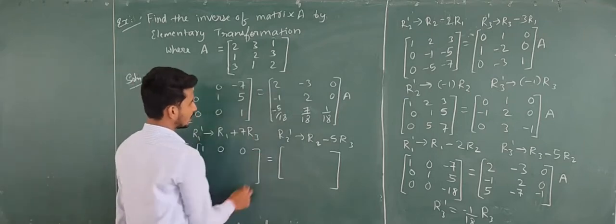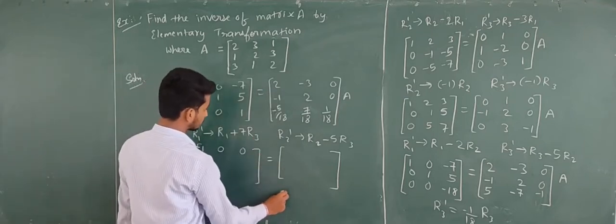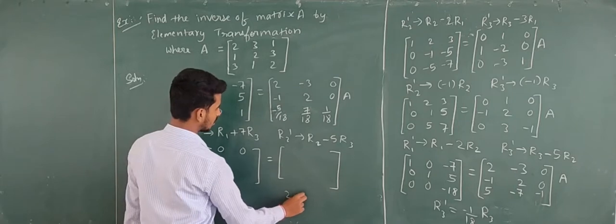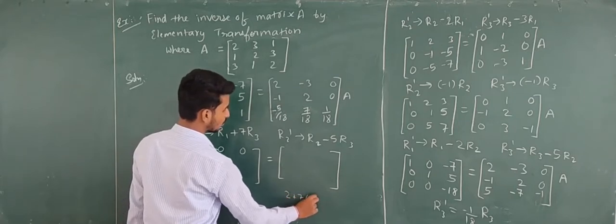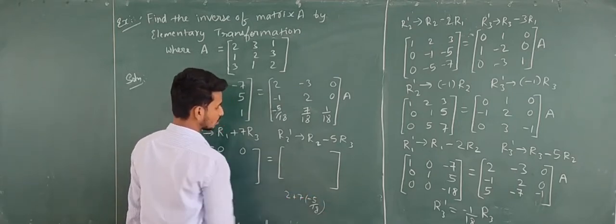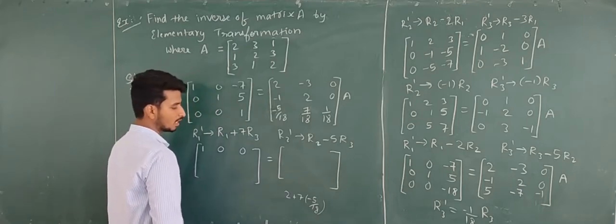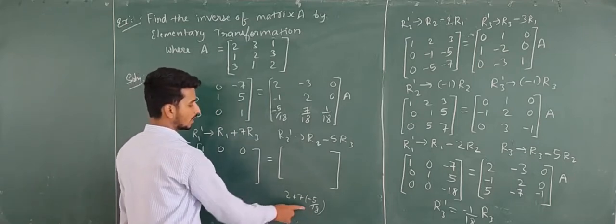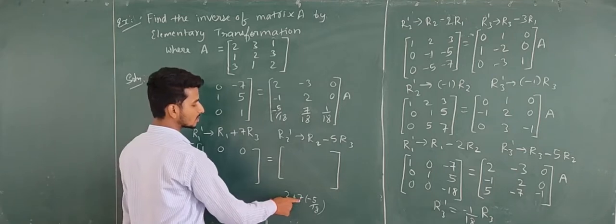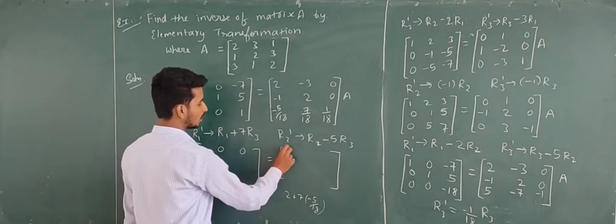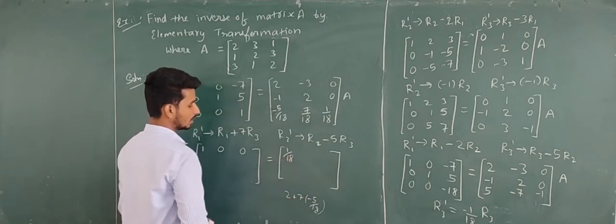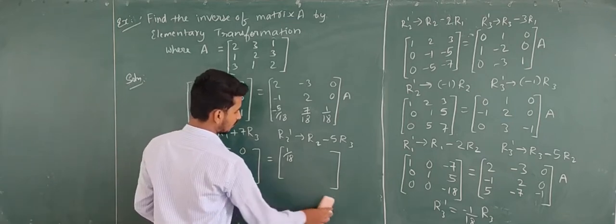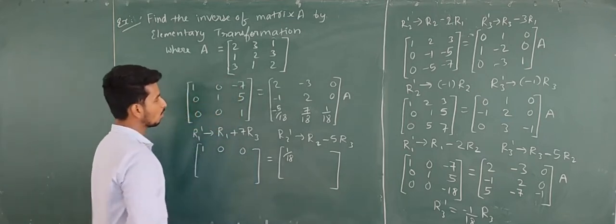Now here, 2 plus 7 times minus 5 by 18. So this is minus 35 by 18, and 18 twos are 36. 36 minus 35 by 18 will be 1 by 18.